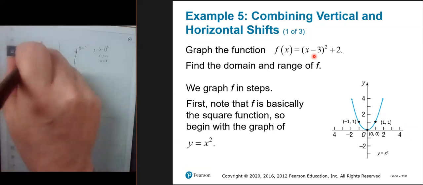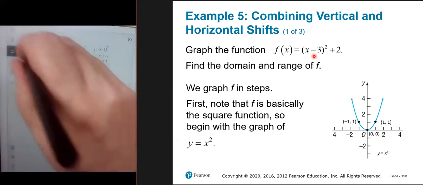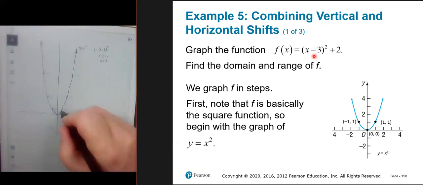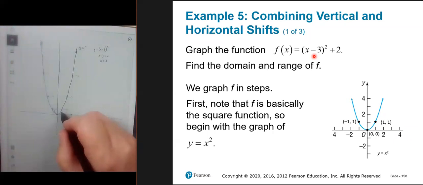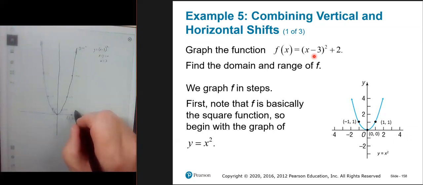So I'm going to change this. So 1, 1 got moved to, I'm adding 3 to the 1, and so that's going to be 4, 1.